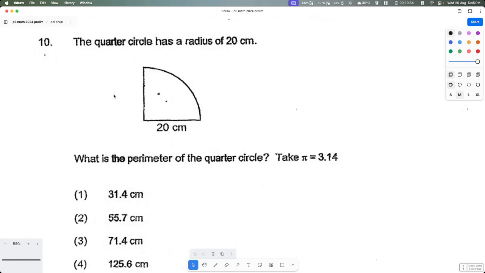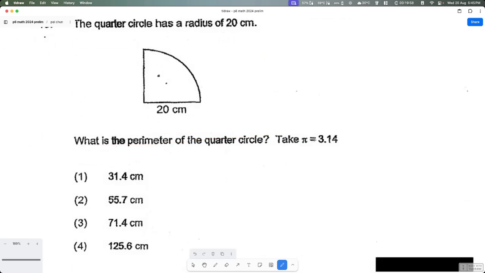The quarter circle has a radius of 20 centimeters. What is the perimeter of the quarter circle? Take pi as 3.14. So we know that this is 20 centimeters as well, and then we want to get this.